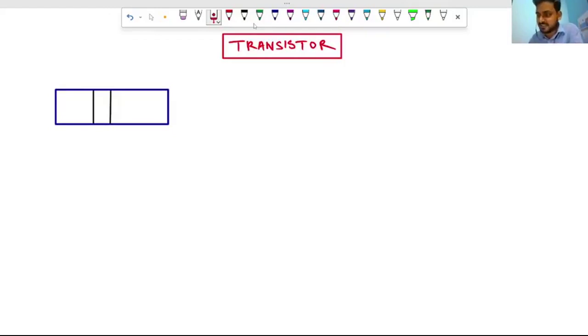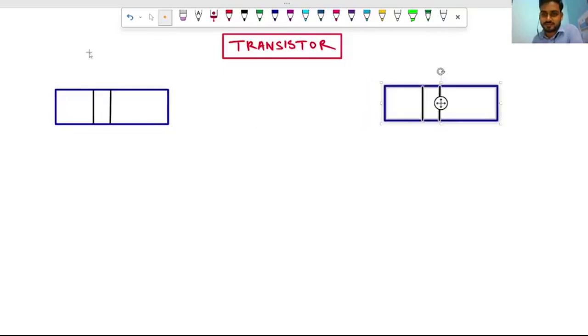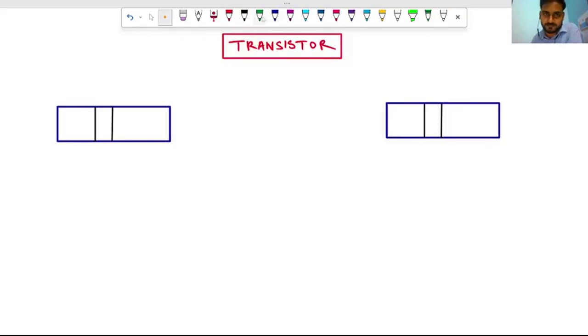Okay, and transistors are of two types, NPN and PNP. Let us draw and discuss them side by side. So one is NPN, another is PNP.